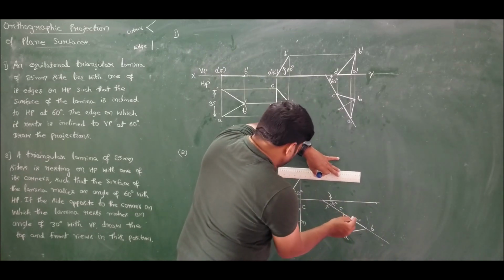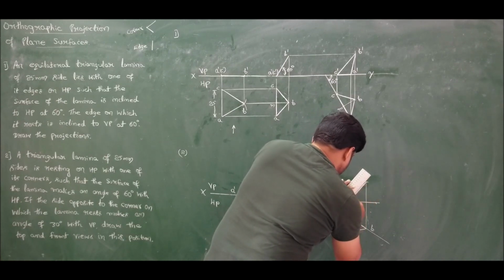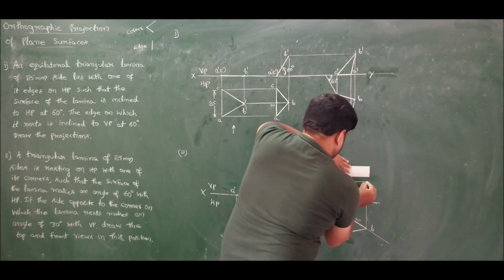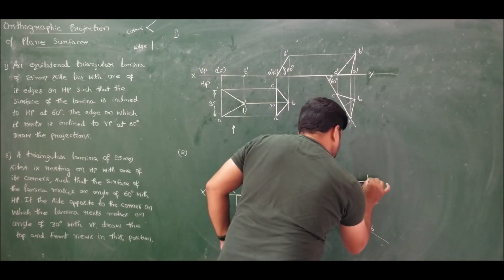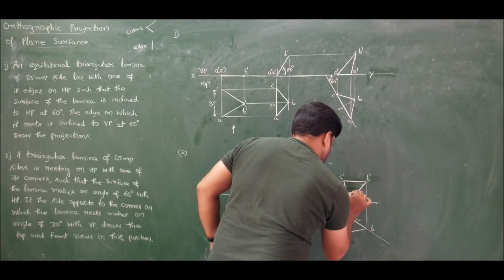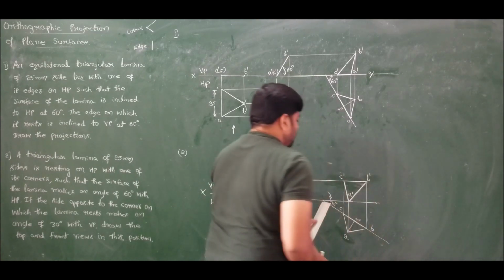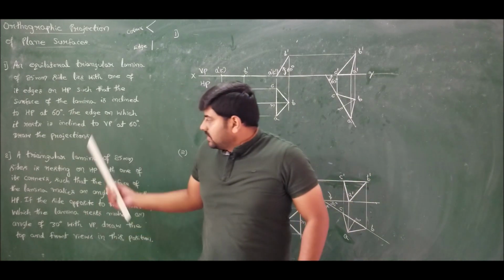So project C and B. So connecting, I will get the solution as B dash, A dash and C dash. This is the final solution that he has asked in the question. This is what represents the given problem.